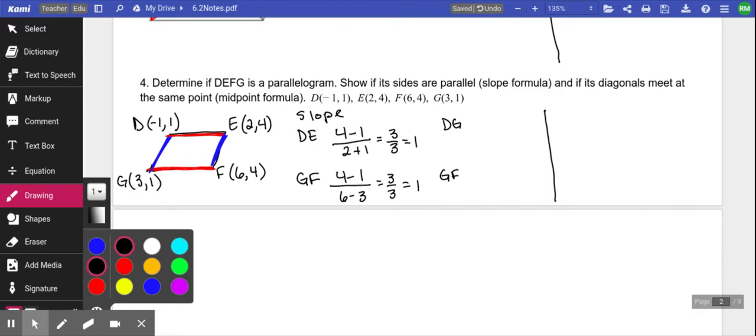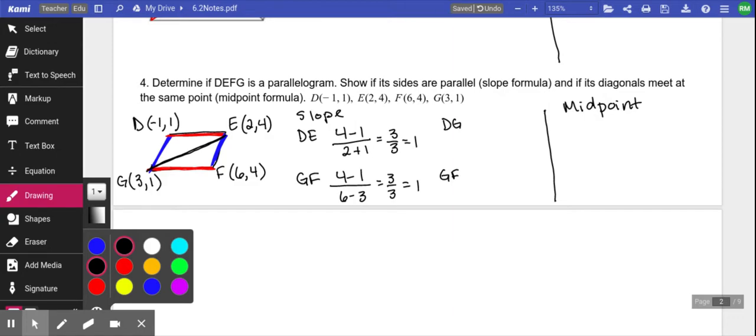And then the last one, we need to figure out the midpoint. Okay, so what is the midpoint of GE? So if we have line GE, what is the midpoint?